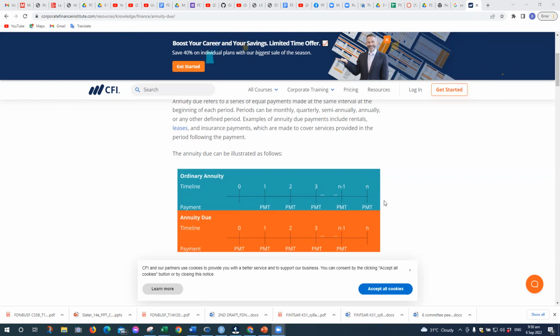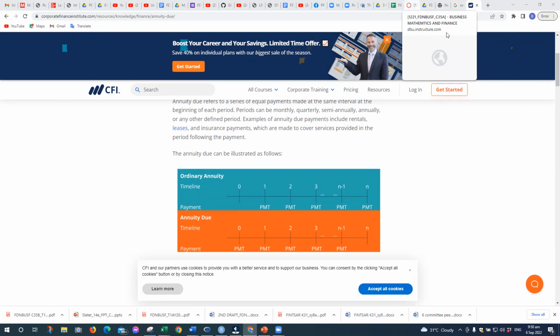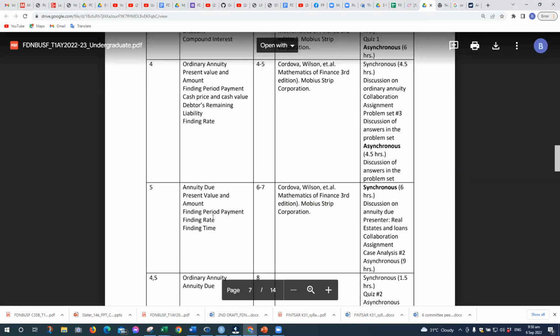For a perpetuity, this keeps on and on and on. How do you compute the present value of that? So we're going to add that as a discussion in our subject. So let me go back to our... There. All right.